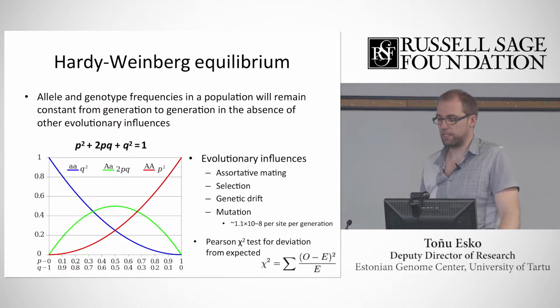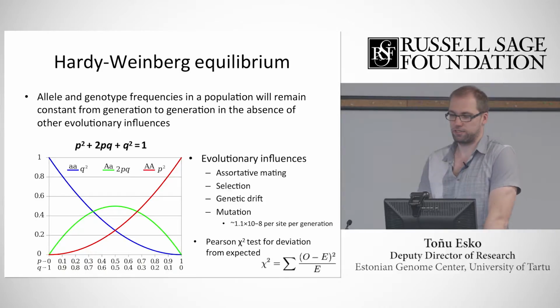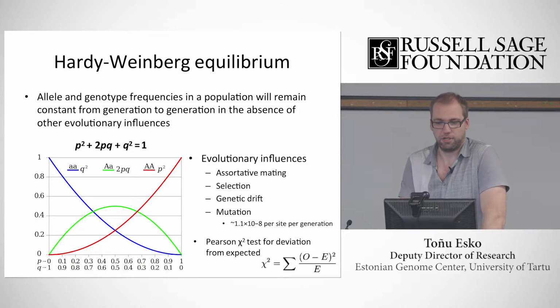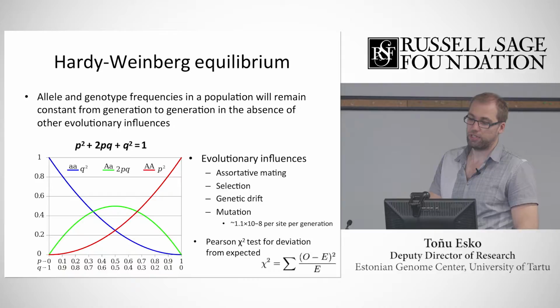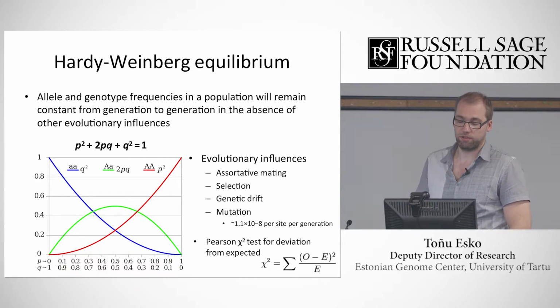So there are some important statistics or tendencies in the genetic allele frequencies in a population. One of the things that is very handy is the Hardy-Weinberg equilibrium. This says that allele and genotype frequencies in a population will remain constant from generation to generation in the absence of evolutionary influences.